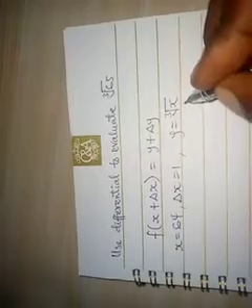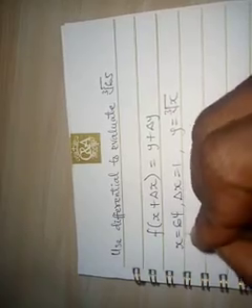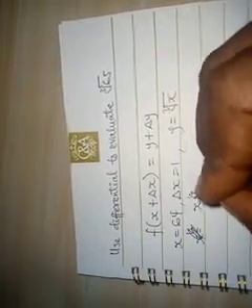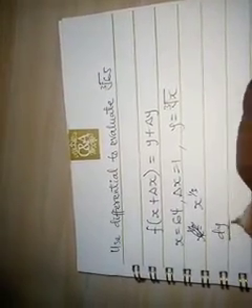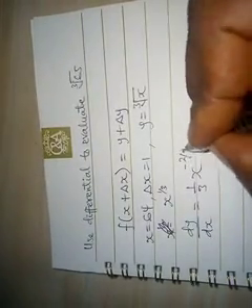We can first of all rewrite it as x raised to power 1 over 3. If we differentiate this, dy/dx is equal to 1/3 x to the power minus 2/3.